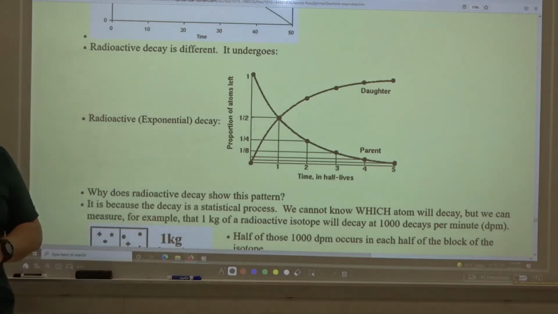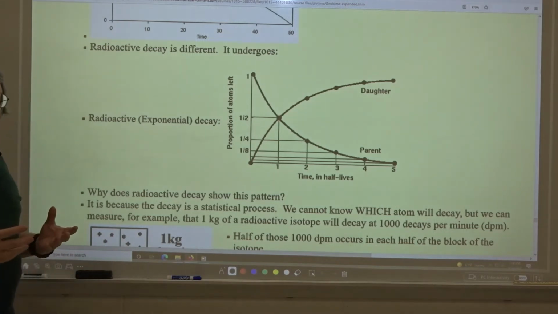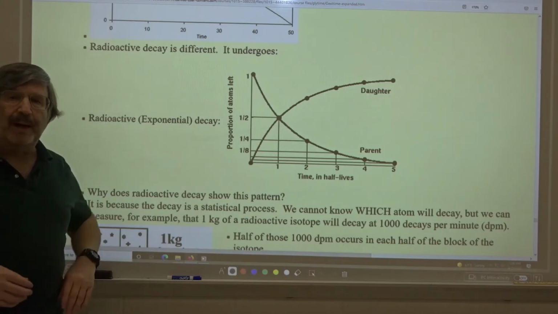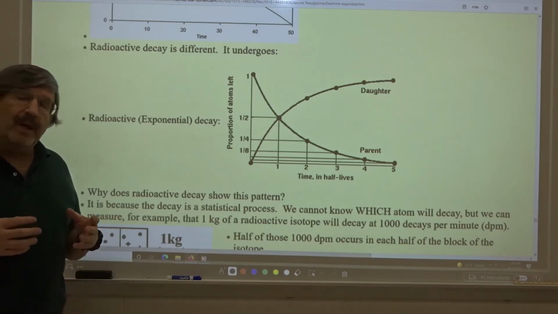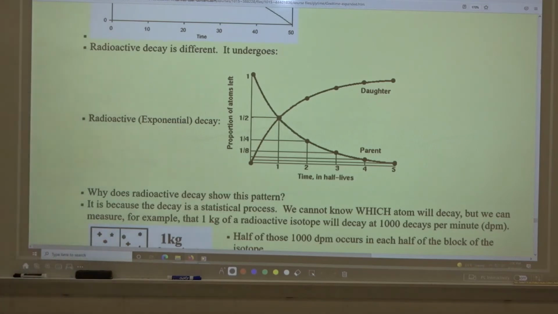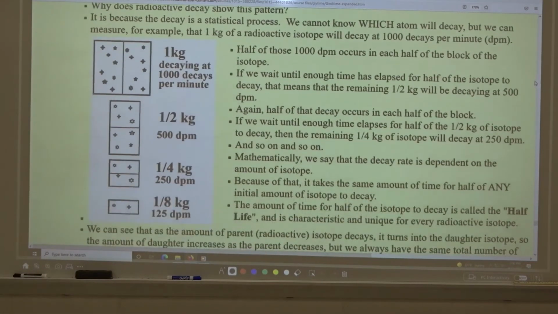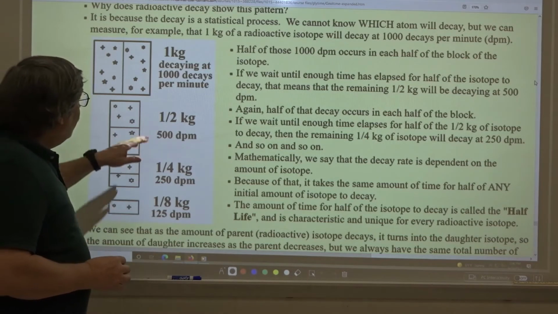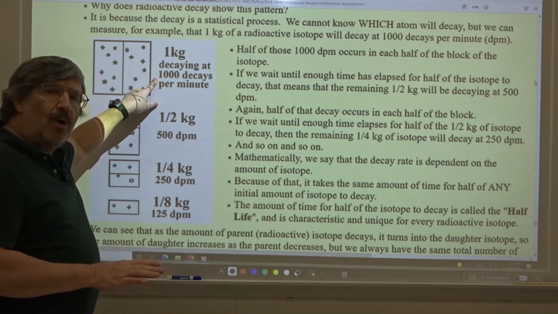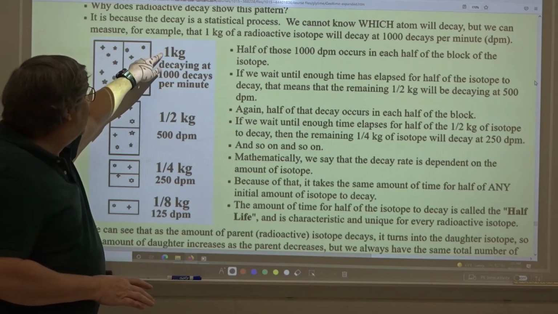Well, it turns out that even though it can be very difficult to measure the amount of a radioactive isotope, sometimes it's very easy to measure how fast that isotope is decaying. And if you recall, the rate of decay is always proportional to how much you have.